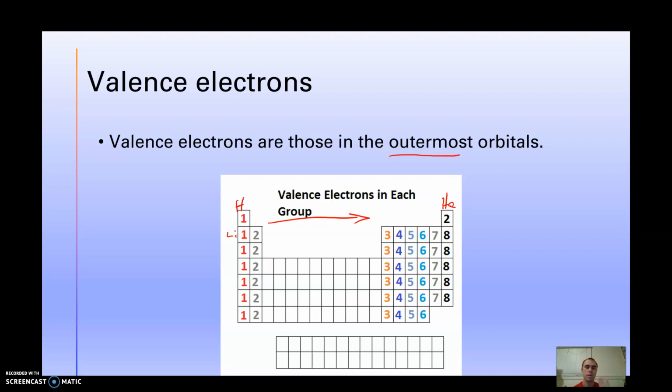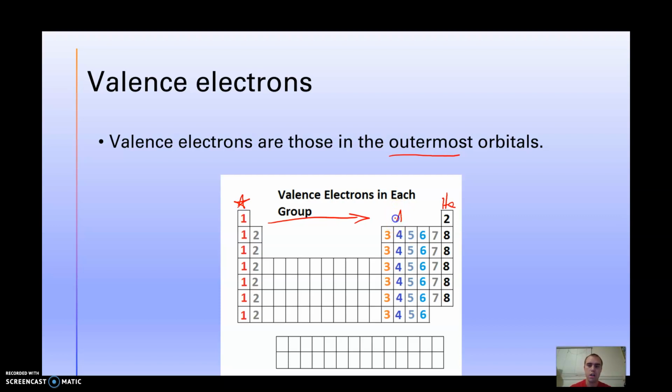We'll talk about this a little bit later. But as you go down and stay within a single column, those valence electrons remain the same. So everything in this first group has 1 valence electron.